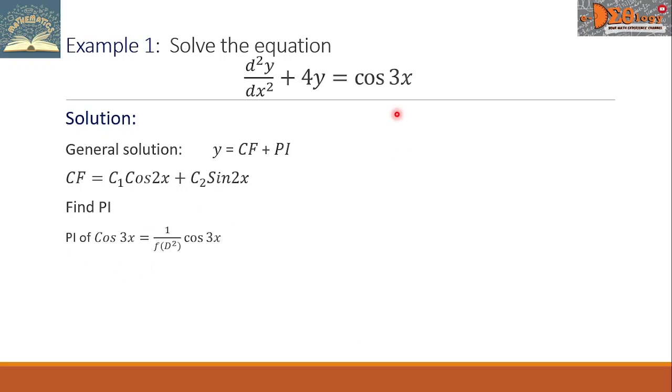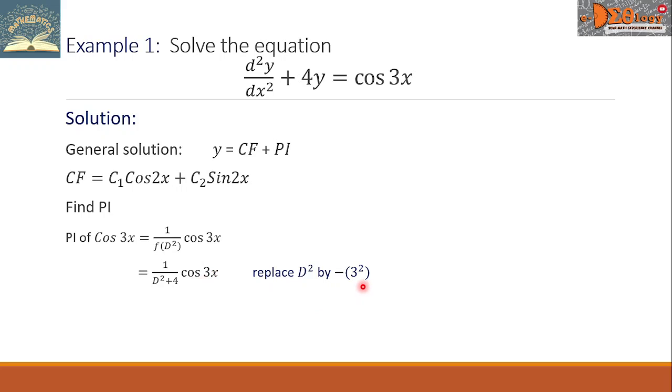Our PI of this cosine 3x, the formula is 1 over f of d squared times cosine 3x. Using the operators, we have now this 1 over d squared plus 4 times cosine 3x. Now we replace d squared by negative 3 squared. Take note that our a here is this constant 3.